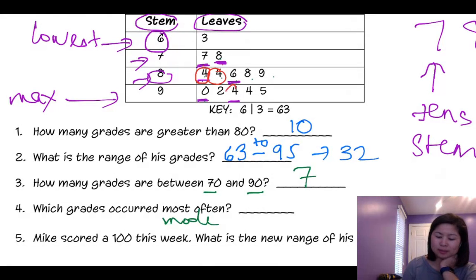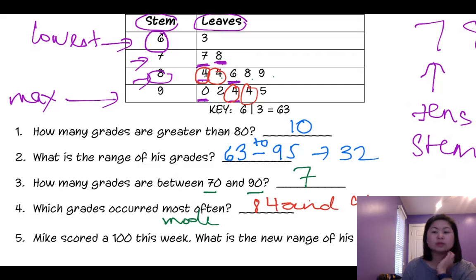On the bottom, I have two 94s. So it's possible that you have two modes, you have two or more. It doesn't matter. It depends on how many times it repeats. So in here, don't get confused and say, oh, can it be 8? It's not, right? We have to combine the stem and the leaf together, the tens and the ones place together.